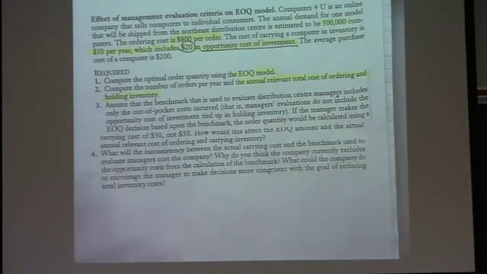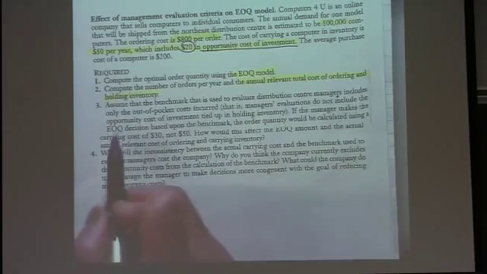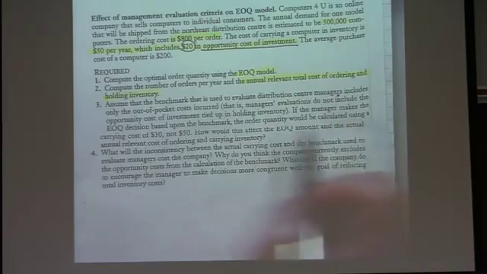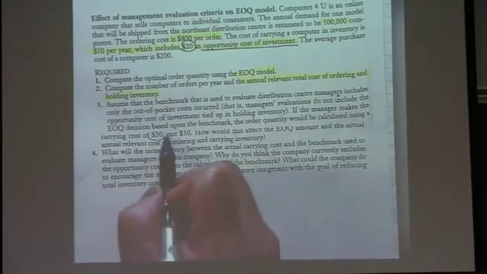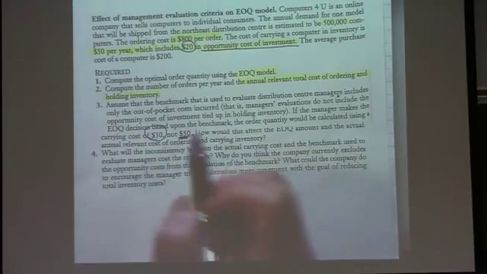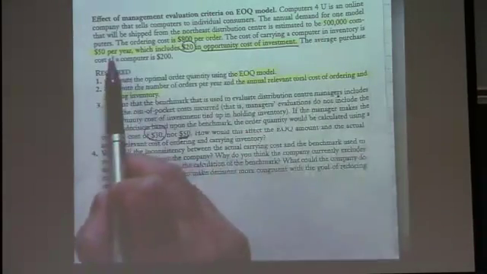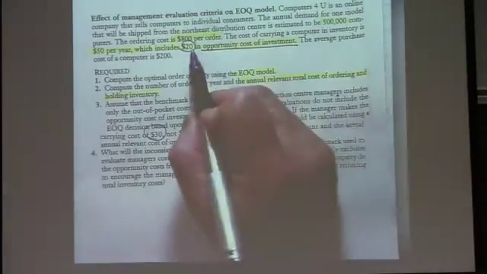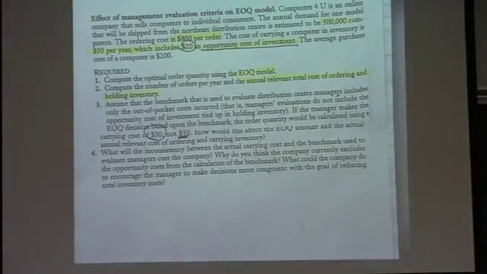If the manager makes a mistake in the EOQ decision based on the benchmark, the order quantity would be calculated using a carrying cost of $30, not $50. So remember, we had a carrying cost of $50. It's actually just $30 because they forgot to add this $20.